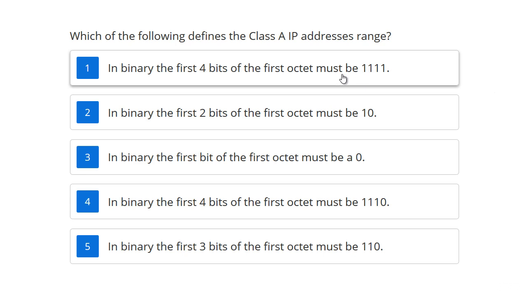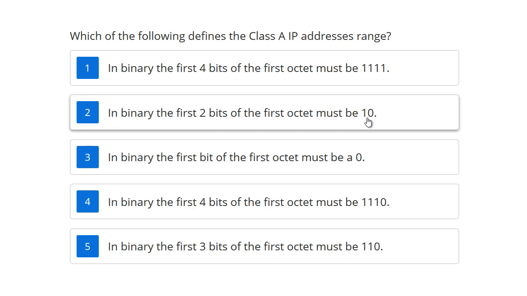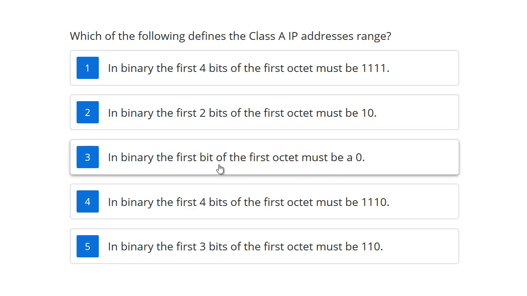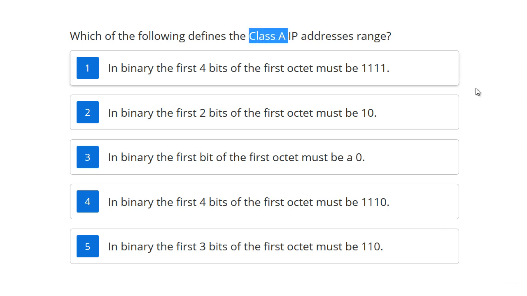And here you have these different combinations where the first 4 bits of the octet must be 4 ones, or 1 0, or the first bit of the first octet must be 0. The next series of questions will be about this. For class A, the first bit of the first octet must be 0.